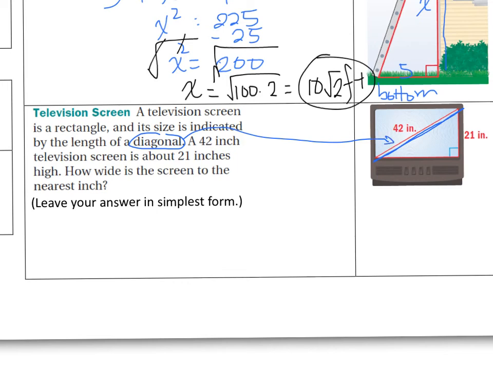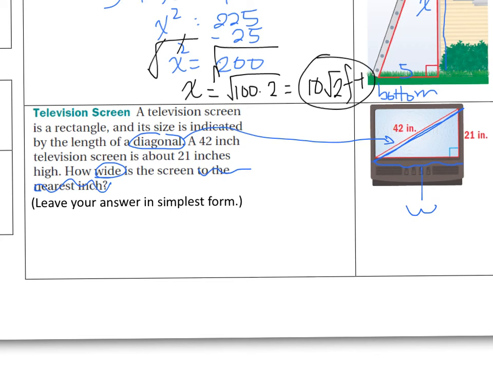A 42-inch television screen is about 21 inches high. How wide is the screen? Don't worry about this. The width will refer to this part. This is what we're looking for.